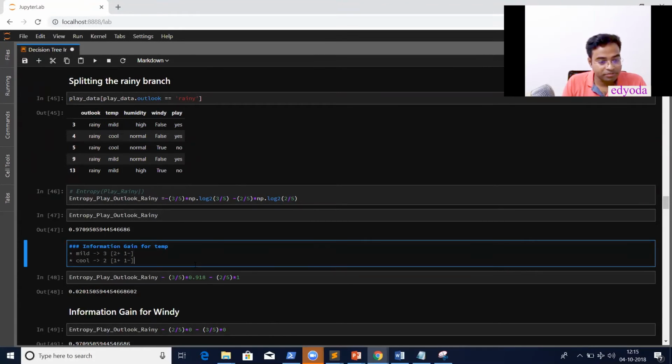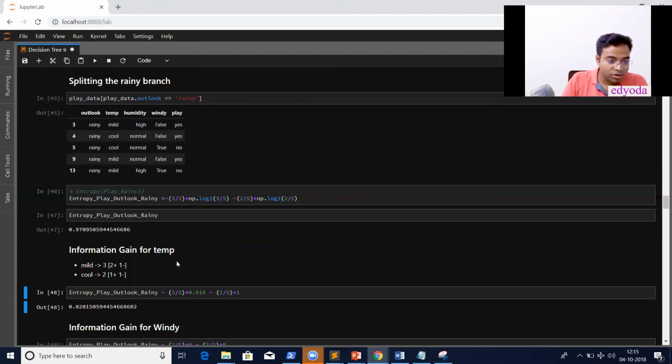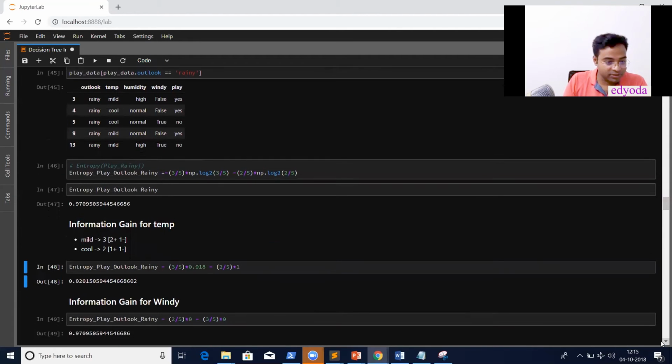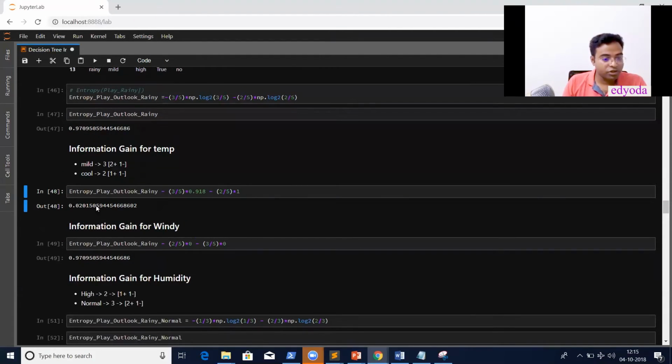Okay, so this is for the mild part, and the probability for this is 3 by 5, right? There are 3 mild, that's 3 by 5. Then here 2 by 5 and entropy is 1. So if you do the calculation, it boils down to 0.02.